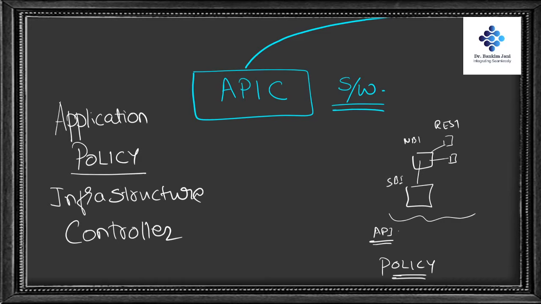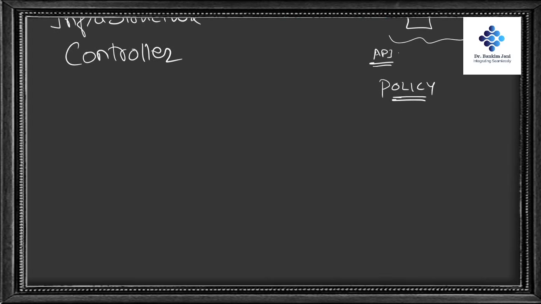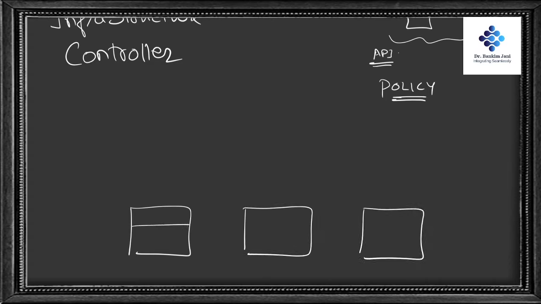So let's make it something like this. To simplify it, this is where we are now. 1, 2, 3, control plane, data plane, control plane, data plane, control plane, data plane, right? And we have now got APIC over here.